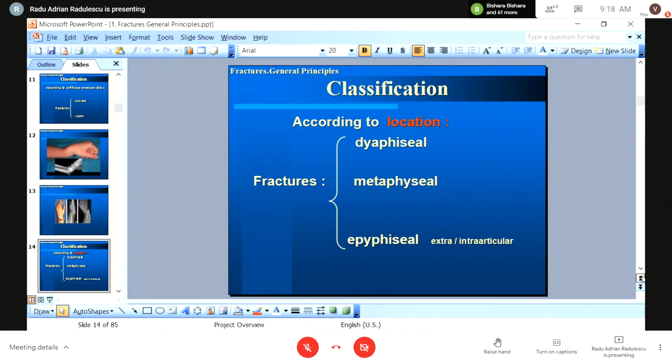We also have to mention that the metaphysis, as an anatomical site, exists only in children.